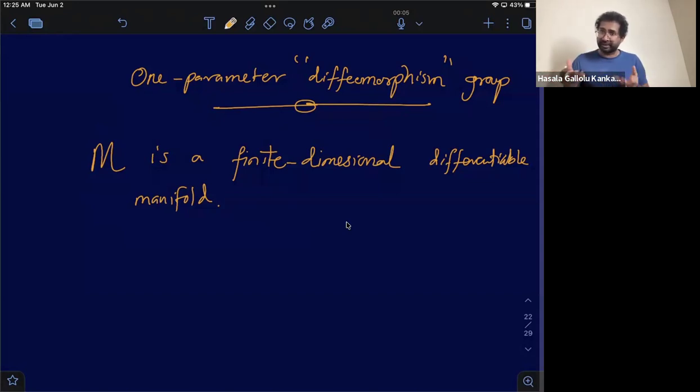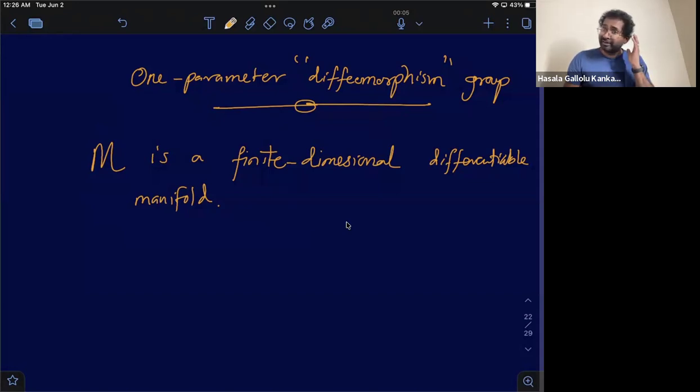That's going to be a differentiable manifold. Those are the simple examples, but you can extend this simple idea to any dimension. That is the purpose that you see here. In general, M is finite dimensional and it's a differentiable manifold.